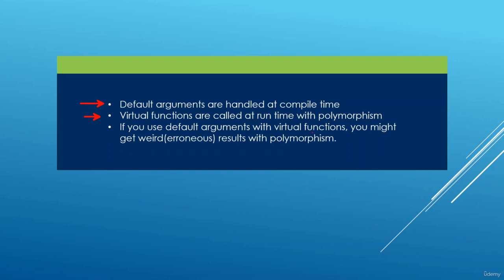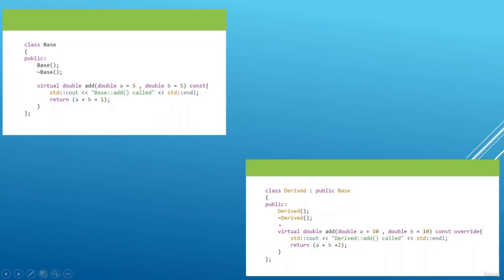So if you use default arguments with virtual functions, you might get weird results with polymorphism, because the default arguments you will be using are going to be decided by static binding, but the actual function that you get called is going to be decided by dynamic binding. So we will call the virtual function in our derived class, but we will be using the default argument from the base class. This is the behavior we'll get. You need to be aware of this and make sure this is what you desire.